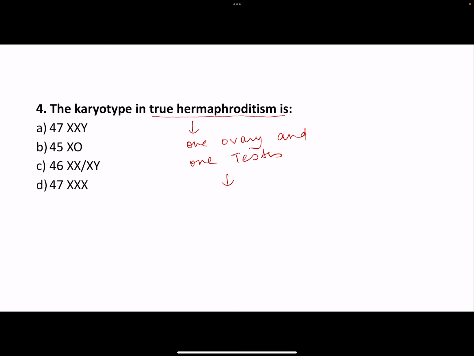This condition is called ovotestis, and this condition is seen in the cases of the 46XX/XY mosaicism. So the answer to this question will be option C, that is 46XX/XY mosaicism.